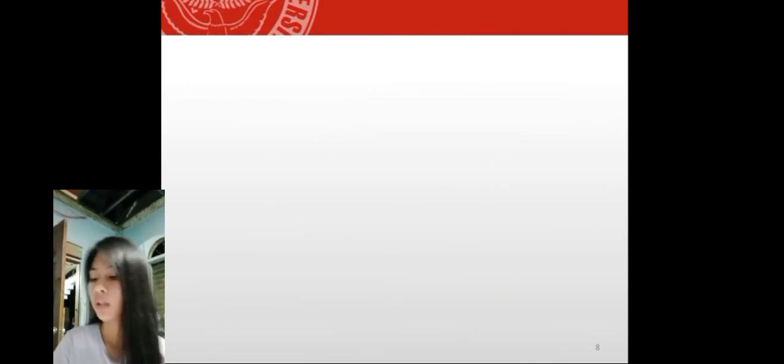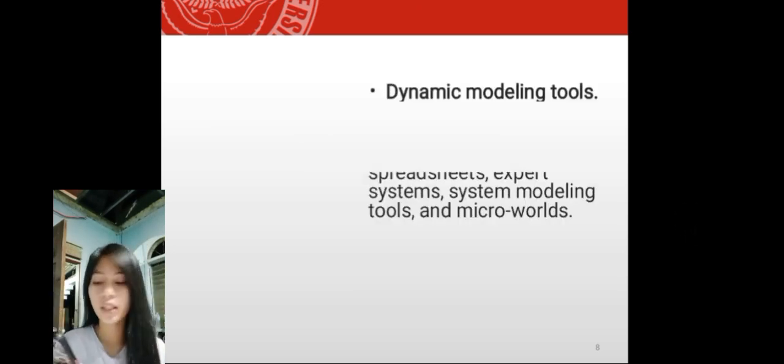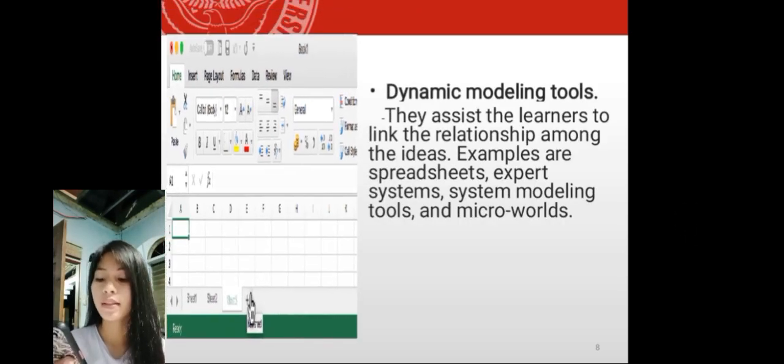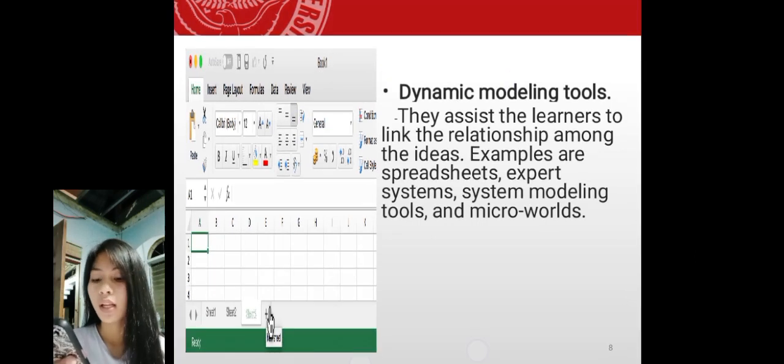Number two class of mind tools is dynamic modeling tools. They assist the learners to link the relationships among the ideas.